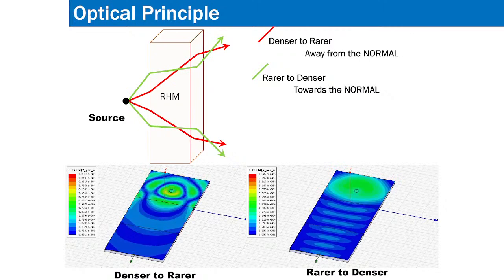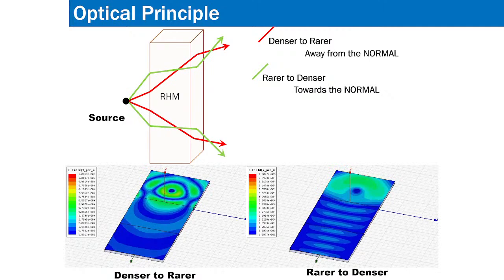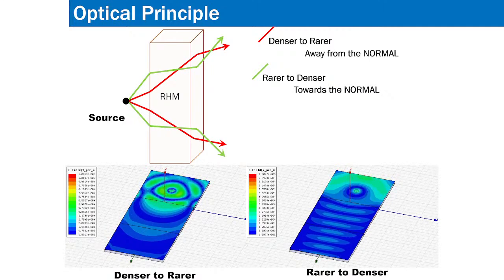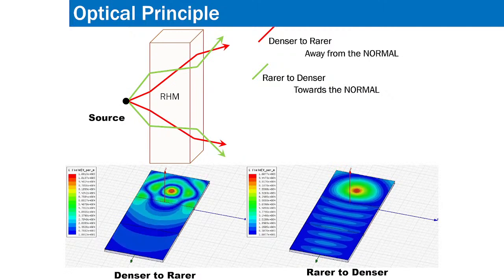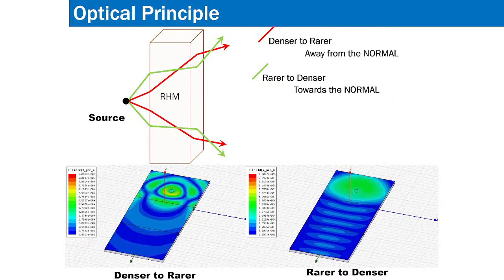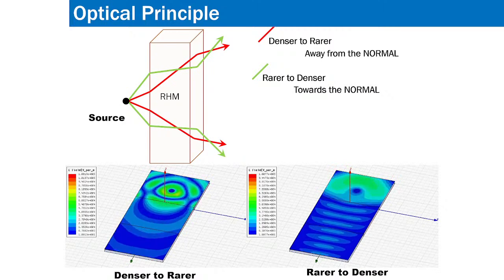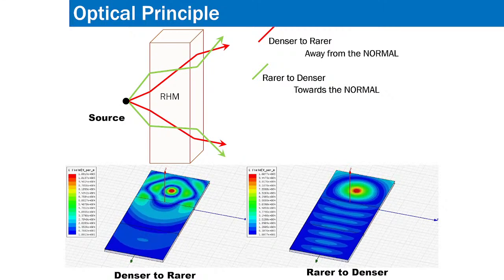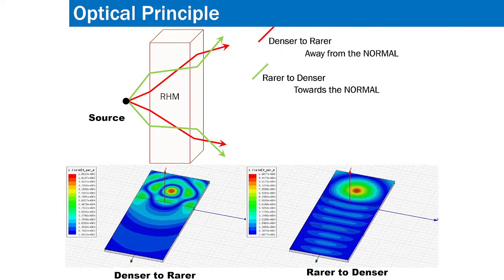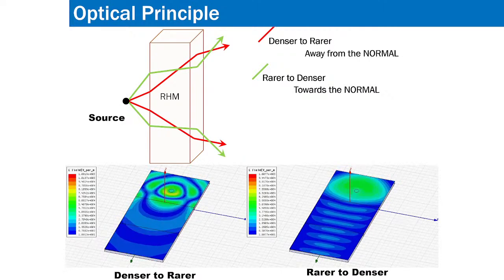You can see below there are two simulations. The left hand is denser to rarer. The source is the red portion, where the maximum value is red and the minimum value is blue. So from blue to red, red to blue, that occurs cyclically. That is the source, and from this source the wave is propagating. The source is in the denser medium and it is propagating to the rarer medium.